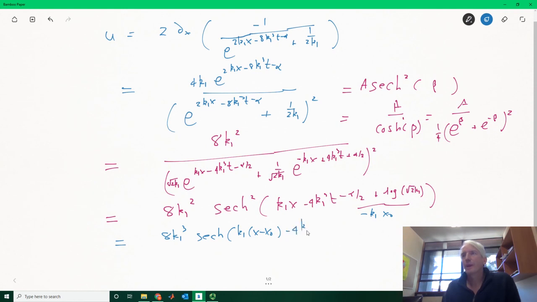Minus 4k1 cubed t. And I've sort of run out of space here, but this is the speed, isn't it? This is minus, this is the speed, and this is the height of the solitary wave. So this is exactly the same form, and you can read off the height. We'll come back to this in the next lecture, what we can read off from this, but just believe at this point we've got there.